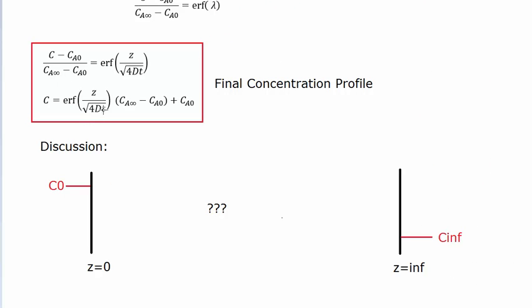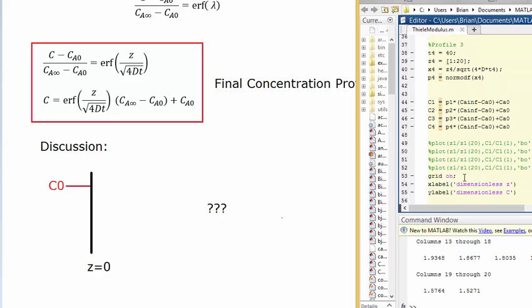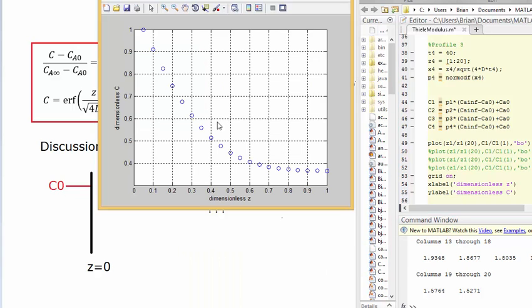So I chose a fixed value of D, and I chose a fixed initial concentration and final concentration. And the plots I made, you'll see, will be dimensionless so that they're relatively easy to understand. So the result is that at some low time, I got the following profile.